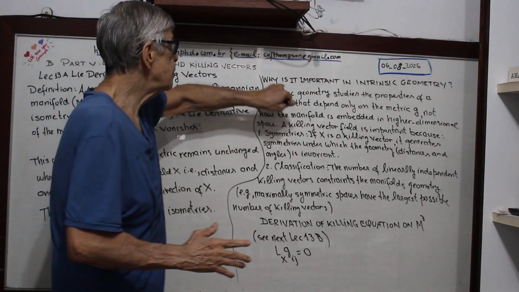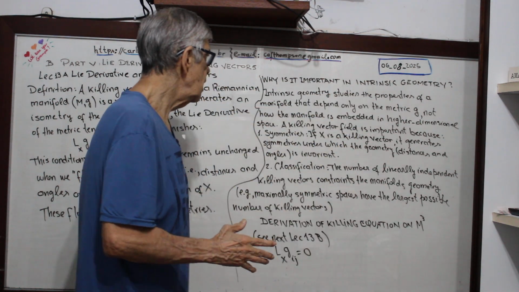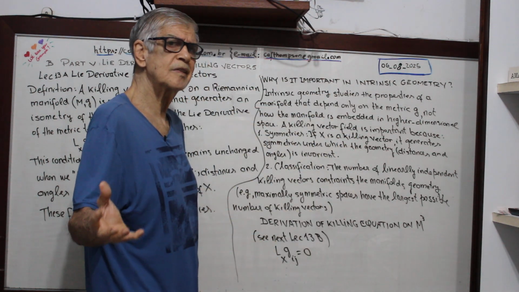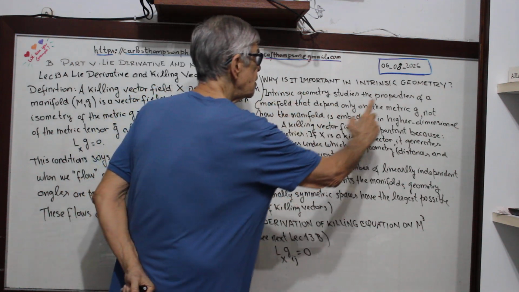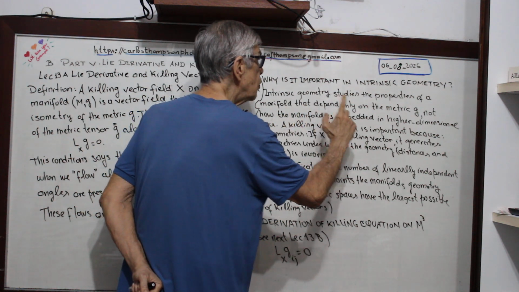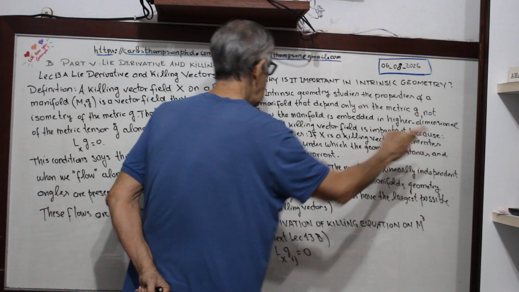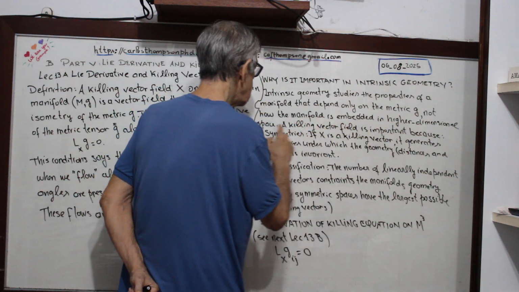Now, why is it important in intrinsic geometry? As we said before, intrinsic geometry studies the properties of a manifold that depend only on the metric g, not on how the manifold is embedded in a higher dimensional space.